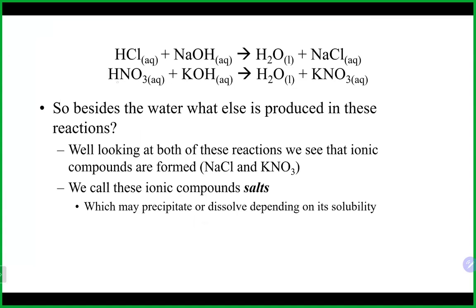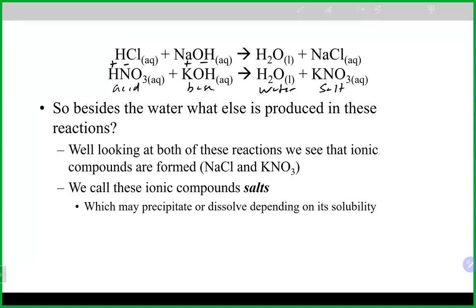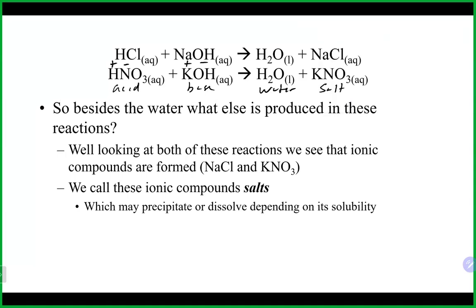So here's a couple of other examples. Again, this is nitric acid, which is our strong acid. There's our base. Once again, here's the formation of water and our salt. These are still double displacement reactions, even though they're more specifically classified as acid-base reactions. We are switching partners, H plus and OH minus coming together to make our water.